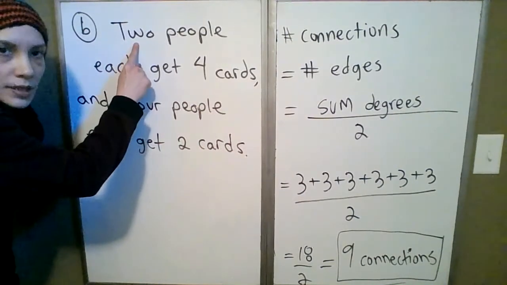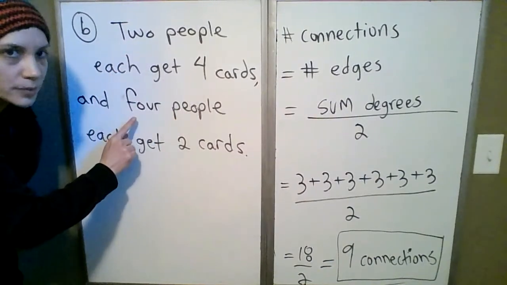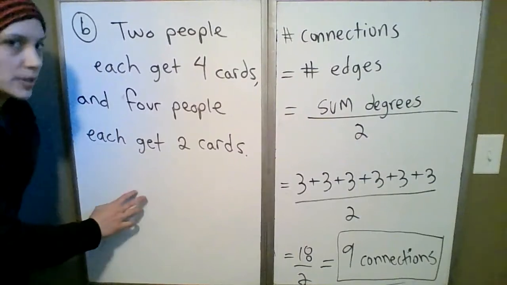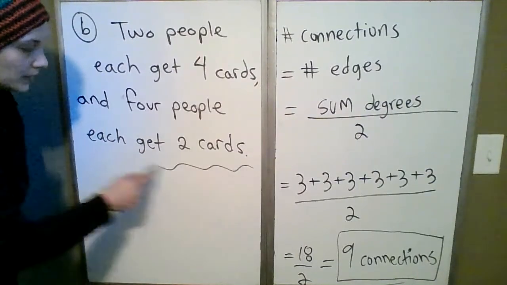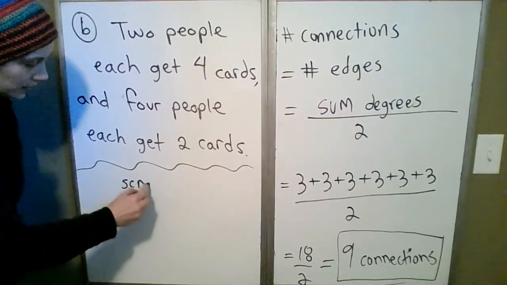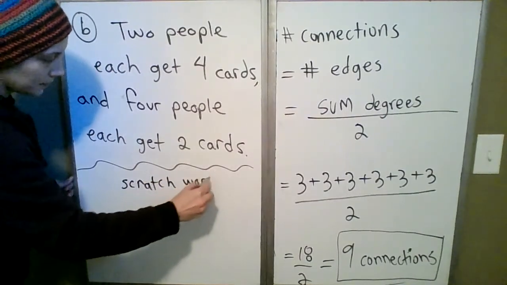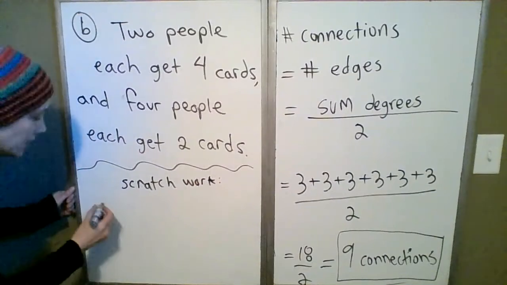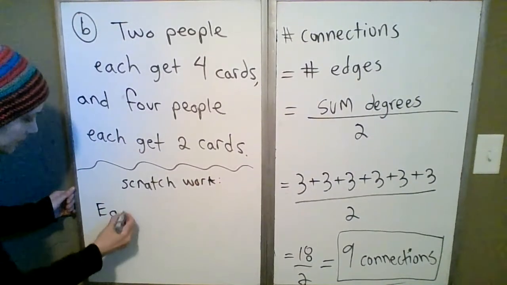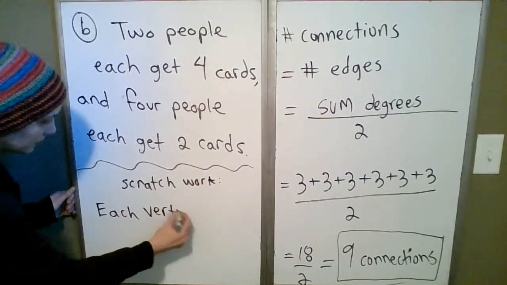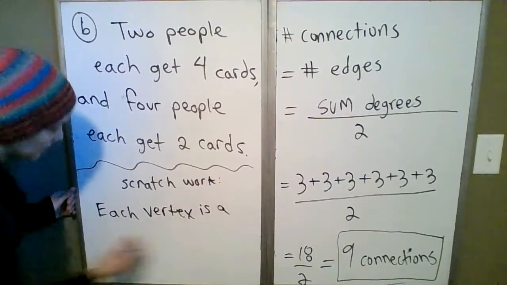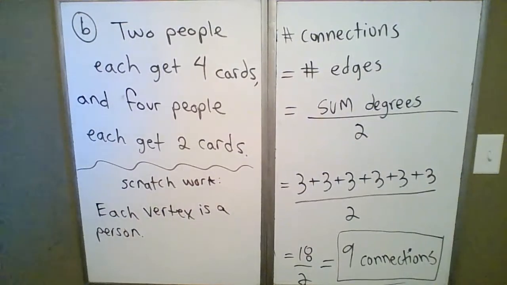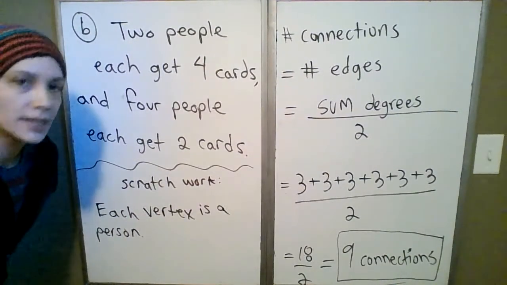So these 2 people get this many cards, and then there's also 4 people, so we have 6 people total. I want to draw 6 vertices. Each vertex represents a person. So, scratch work. Every vertex will be a person, and the edges are going to be connections.